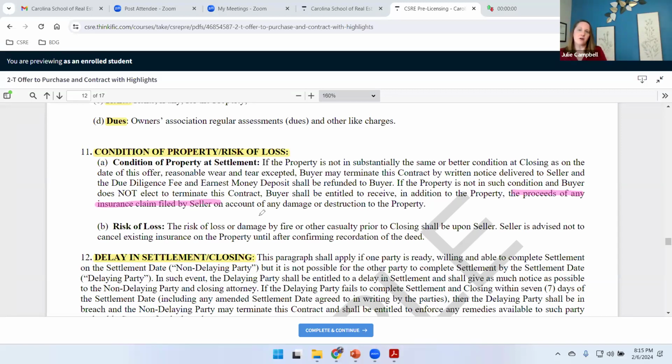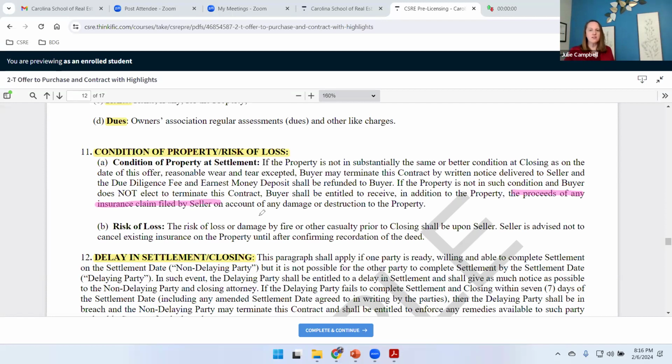Walk away and get your deposit and your fee back, or go ahead and proceed and deal with the seller's insurance company. If I were the buyer's agent and this happened, my buyer's going to call me and say, what should I do? My answer is, let's get your attorney on the phone, because I need the attorney to spell this out for them. But know that they have choices.